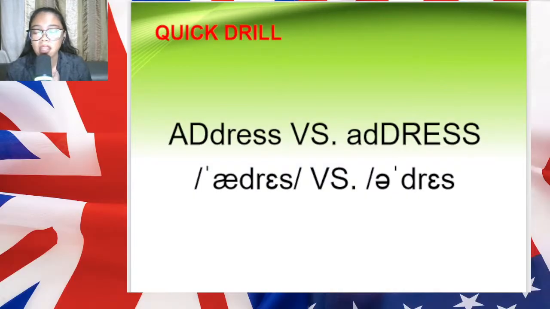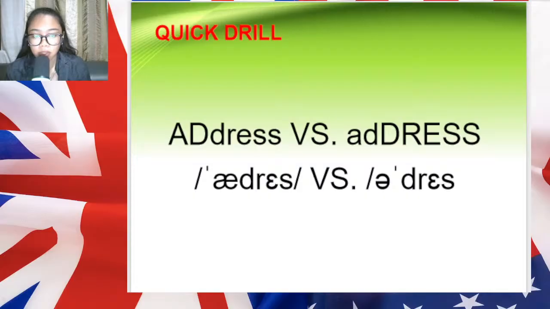Address. Address. Which of the two is talking about location? The word on the screen is address, so it's spelled the same in both versions, as well as for the following words. But depending on where the stress goes, the meaning changes completely.